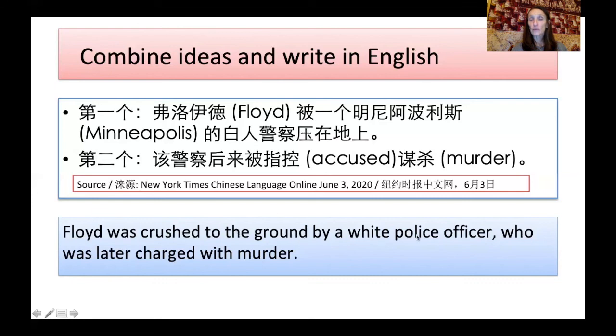Okay, and here's the white police officer. 白人警察. So there's your clause word who. It's who because it's referring to the police officer. You're talking about the police officer. And the clause is who was later charged with murder. That's the clause. Two ideas.